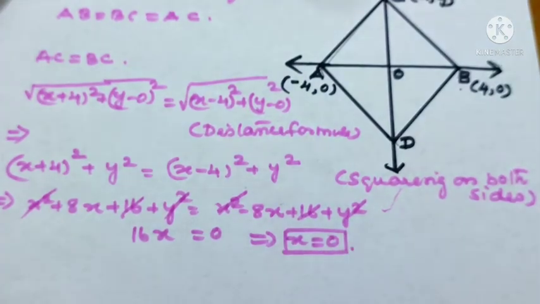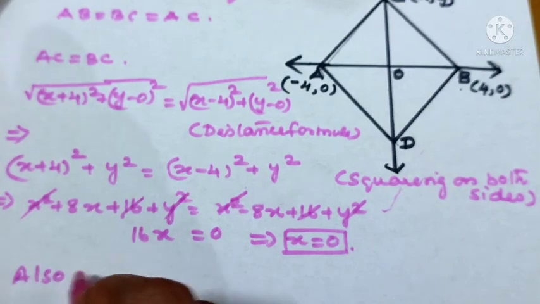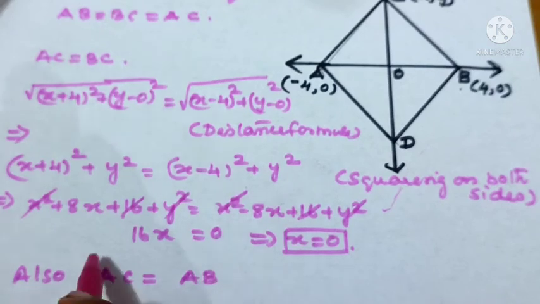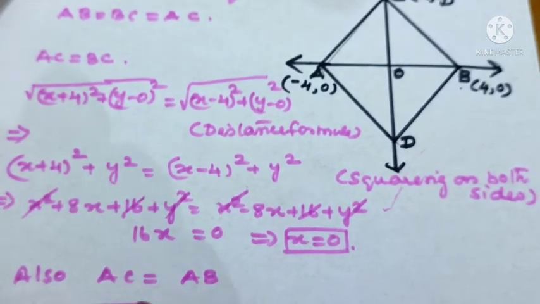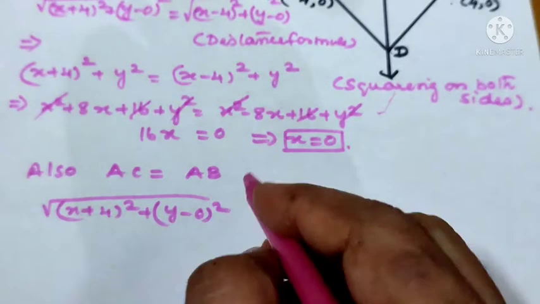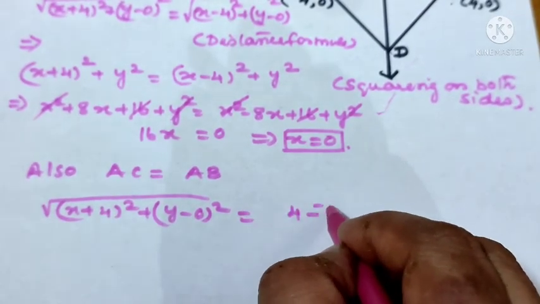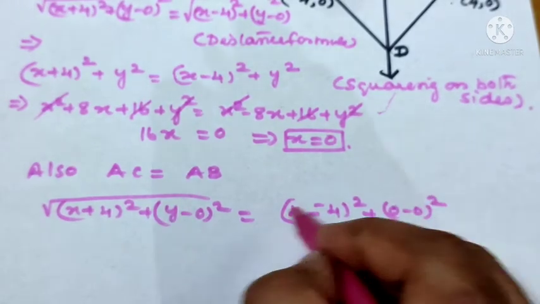Now for getting y we have to go for AC equal to AB also. AC already we have written here, so I will write it directly, that one only, root of x plus 4 whole square plus y minus 0 whole square equal to AB means 4 minus 4 whole square plus 0 minus 0 whole square.